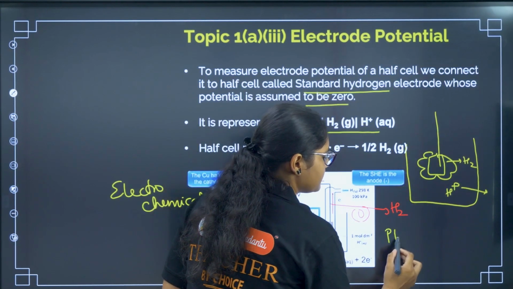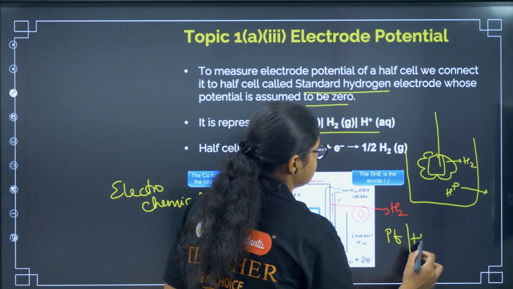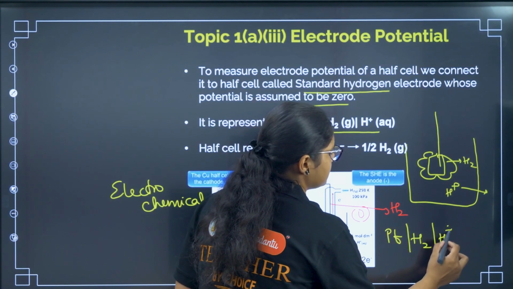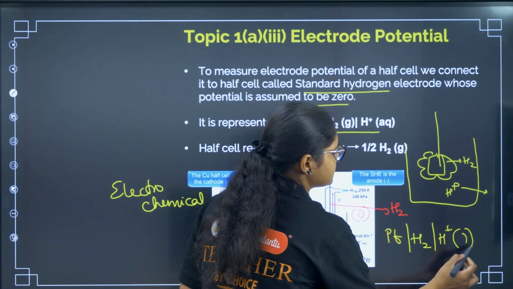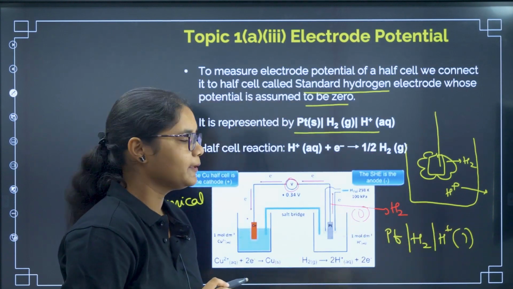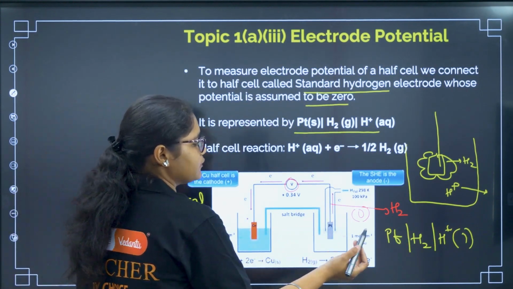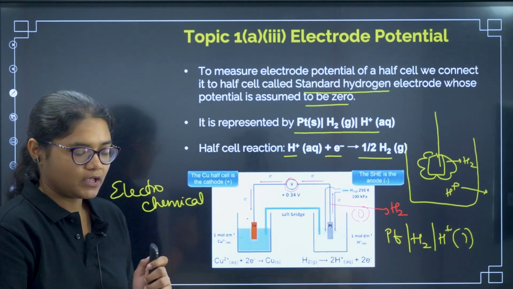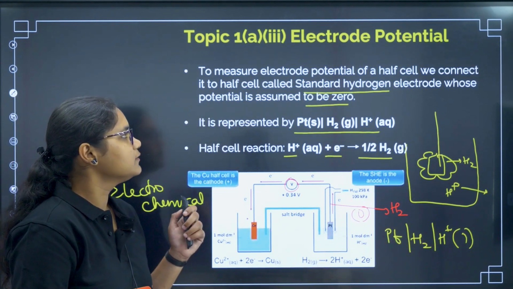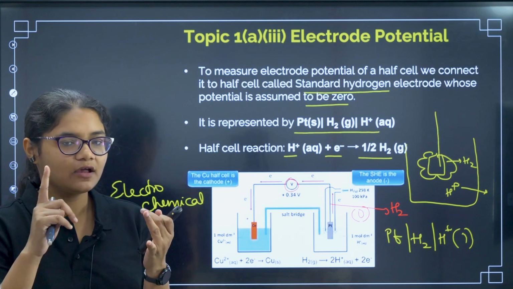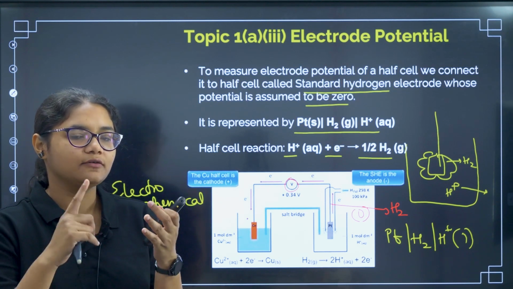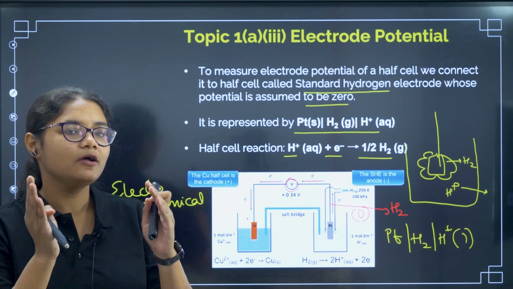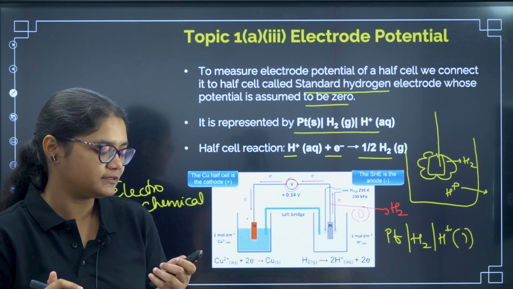First is platinum, then the gas H2, and then H+, and the concentration of H+ is written in brackets. Now what is the reaction? Hydrogen is undergoing reduction, so H+ plus electron gives half H2. Till now, what have we covered? We have understood how a cell works, how to write the cell notation, what the cell EMF formula is, what electrode potential is, and how it is measured.